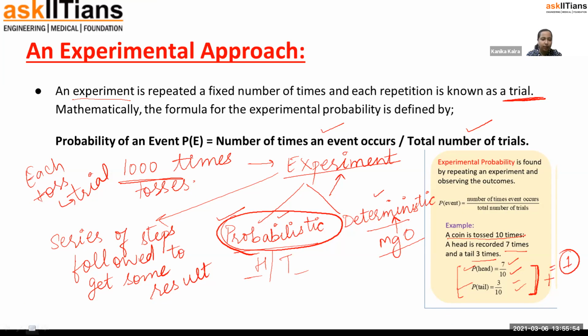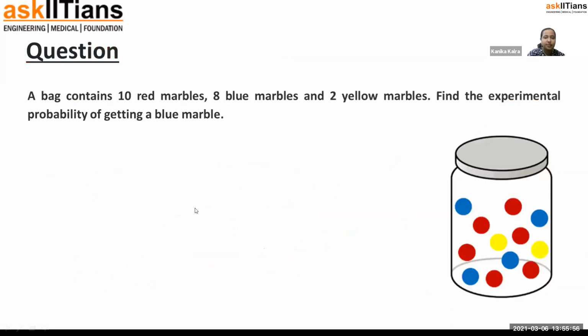All right. Now let's move further to the next part. Let's look at this question. A bag contains 10 red marbles, 8 blue marbles, and 2 yellow marbles. Find the experimental probability of getting a blue marble. In this case, the information is not complete as of now, so you have to assume things. Let's assume that we have done the experiment 10 times, for example, and out of that, you have taken out the blue marble 6 times.